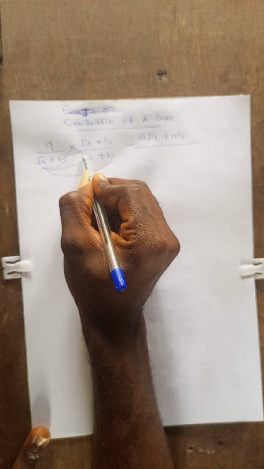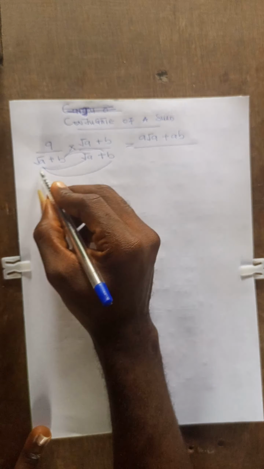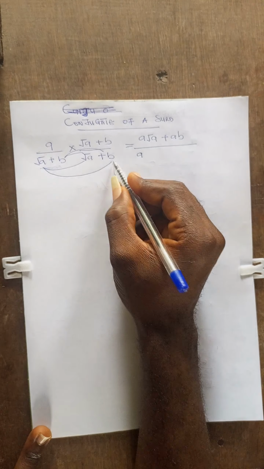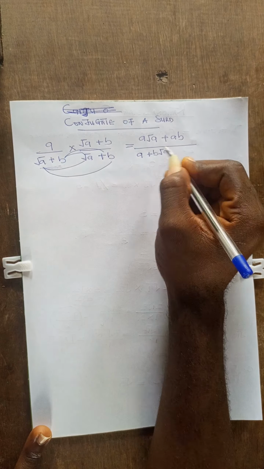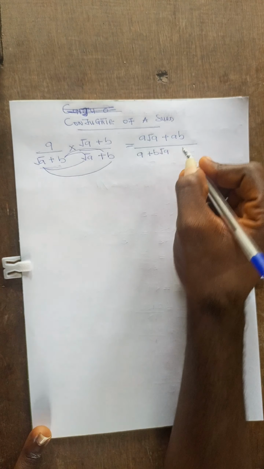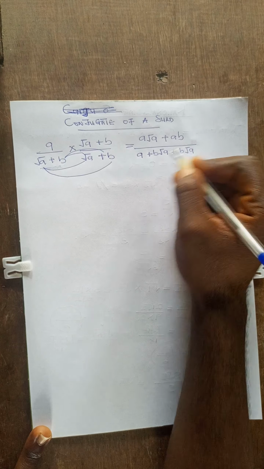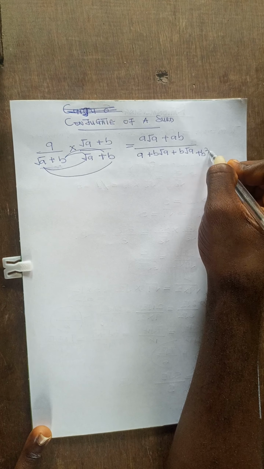Then you also multiply this by this, then this by this. So root A times root A gives us A. Then root A times B gives us plus B root A. Then B times root A gives us B root A. Then B times B gives us B square.